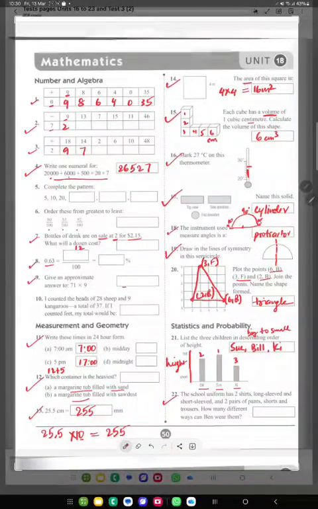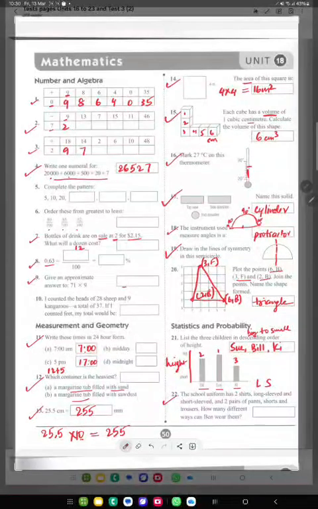Question 22, the school uniform has 2 shirts, long sleeved and short sleeved, 2 pairs of pants, shorts and trousers. How many different ways can Ben wear them? So assume it's long sleeve shirt, and then short sleeve shirt.